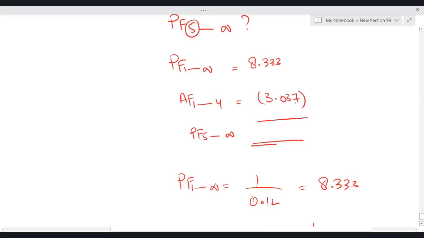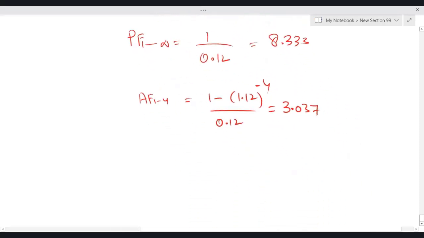So 8.333 minus 3.037, I'm getting 5.296. That is the perpetuity factor from year 5 till infinity, 5.296.